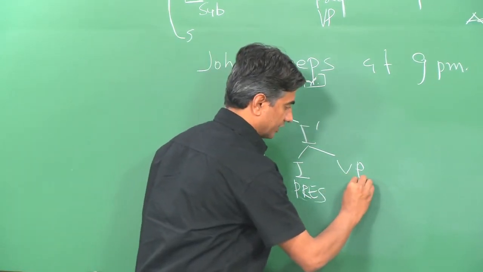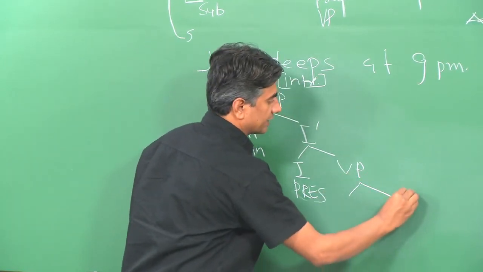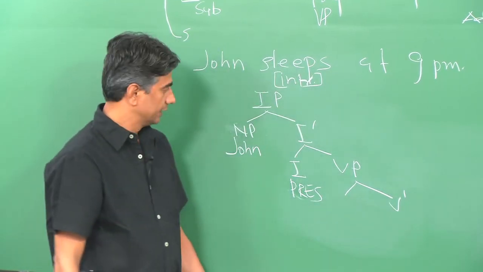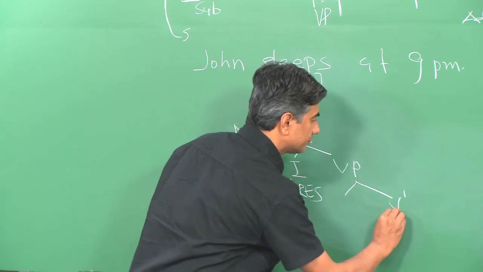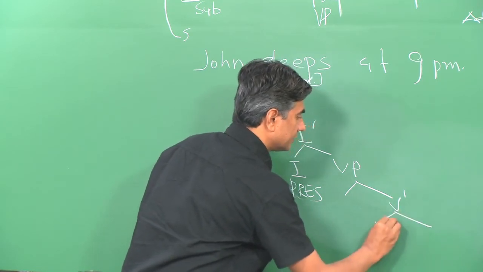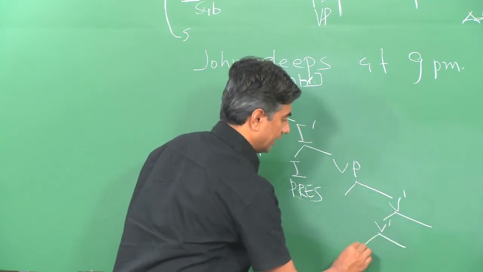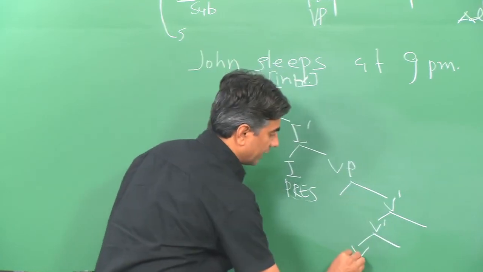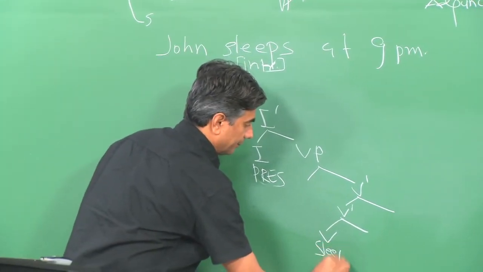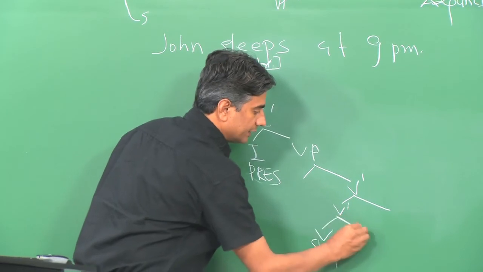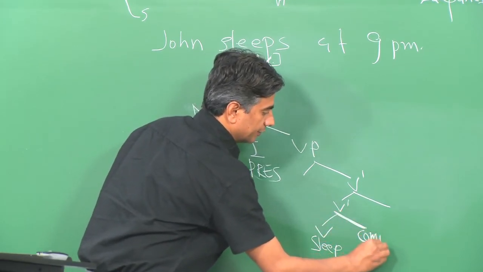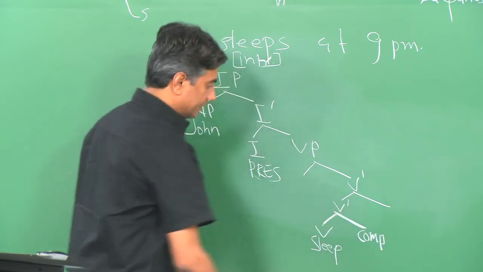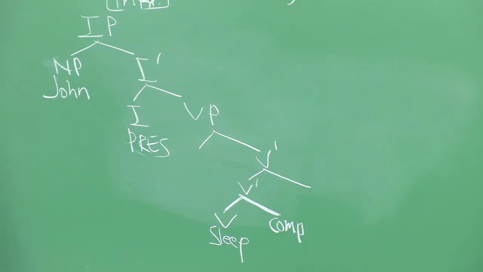So how does this work? We get a V bar, then we get another V bar, and we have a V. Here we have sleep. Remember, this is the position for a complement.